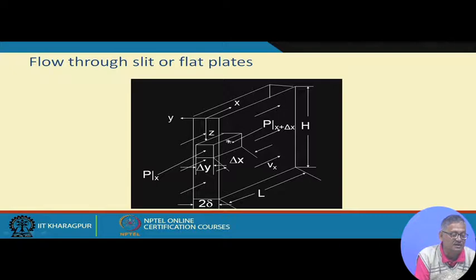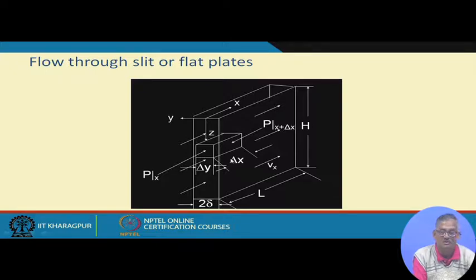This volume element has the dimensions delta x, delta y and delta z, or say, if the third dimension is h, and the width could be 2 delta, so that the center is at 0, plus delta and minus delta, with length L and height h.